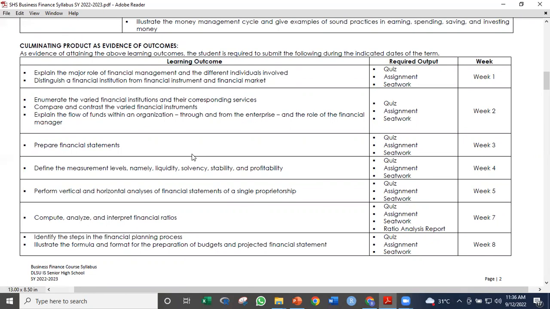Then aside from that, we're going to do another form of analysis. We call it horizontal and vertical analysis. So weeks 4 and 5 altogether comprise your financial ratios.